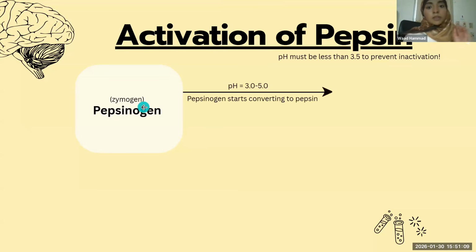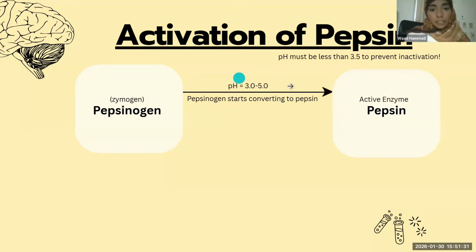So right now, let's say, for example, our pH in our stomach is 3 to 5. Pepsinogen will slowly start converting to pepsin. The reason I say slowly is because a pH closer to 5, 4.5, 4 in that region is low, obviously, but it's not low enough to quickly activate it, okay?